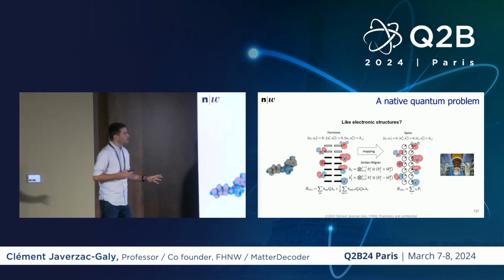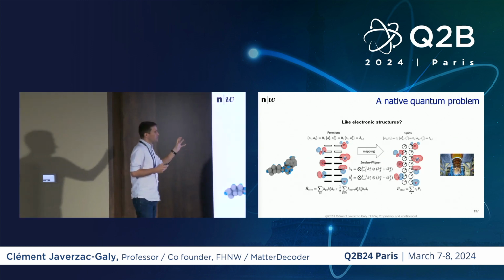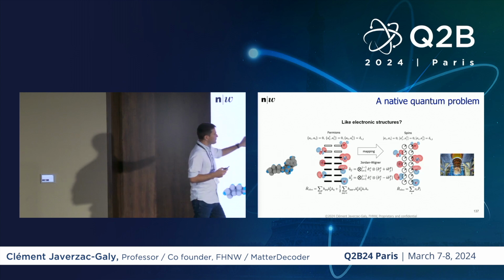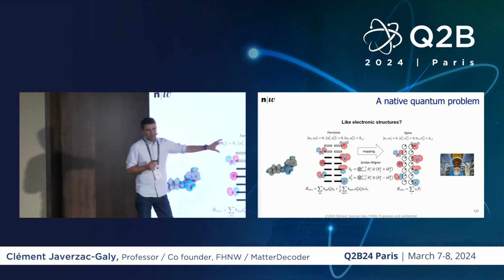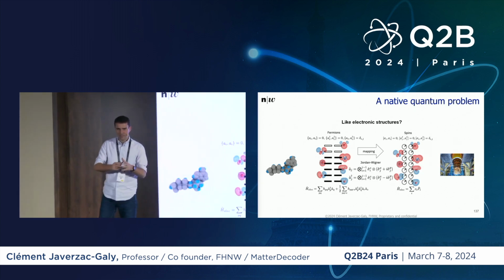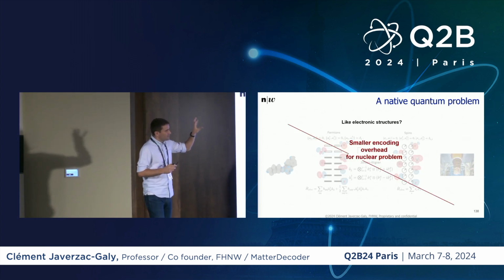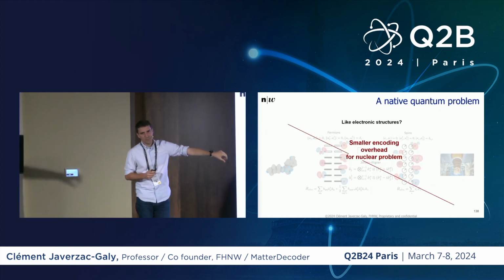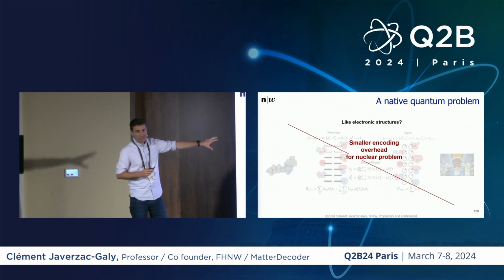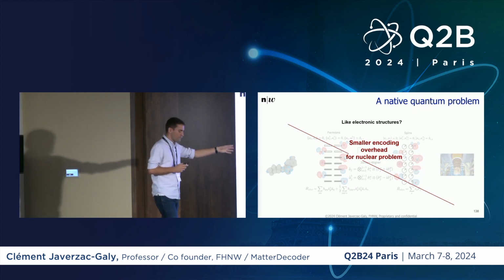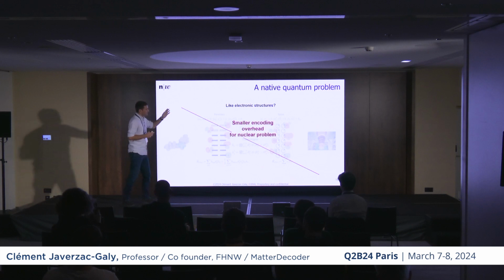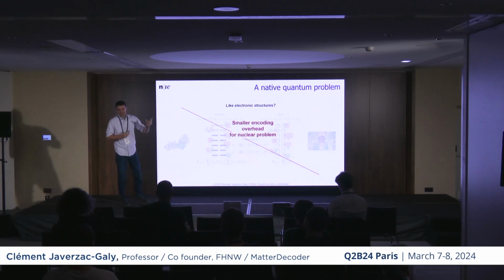What is interesting is that, compared to electronic systems where we have to do the mapping from fermions to spins, where there is a huge overhead in terms of gates and we already lose the advantage, since we do nuclear spin, we don't have this issue. We can assign one spin to one qubit, so the mapping is 1-to-1.